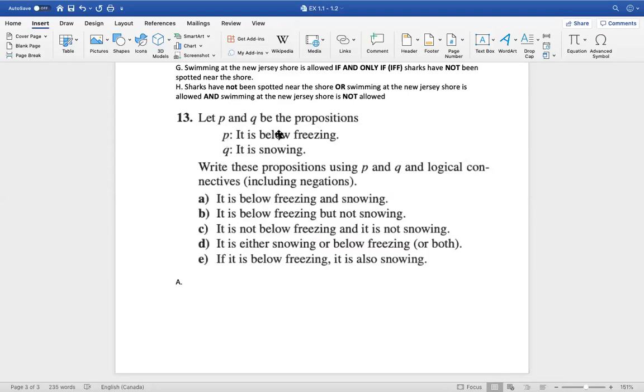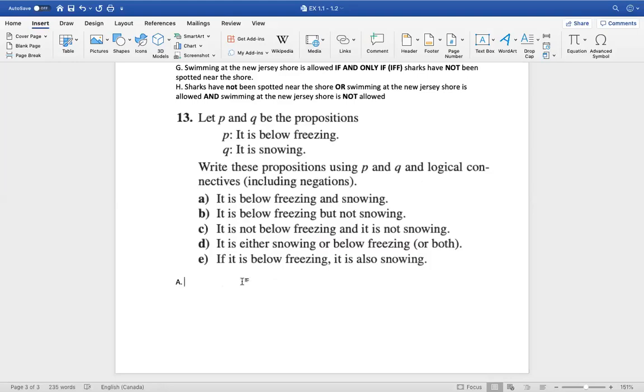So we have two propositions and we are representing them by P and Q. And then we are asked to write these propositions using P and Q and logical connectives. Let's take the first statement, A: it is below freezing and snowing. Here we have to use both of them because they include both of these proposition symbols.